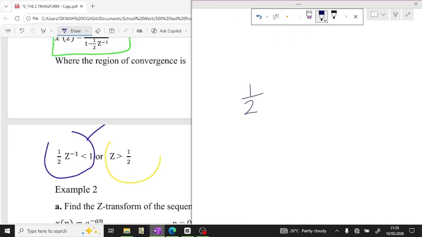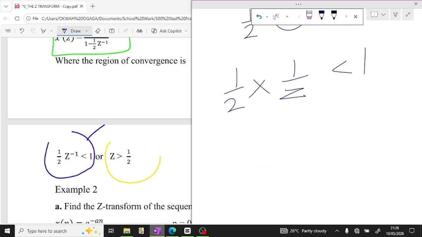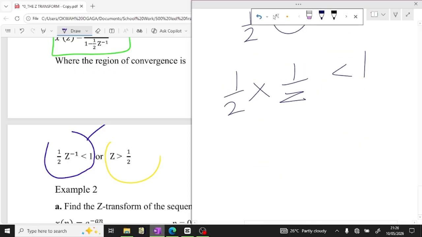1 over 2z minus 1 less than what? 1. So if you simplify this, remember z minus 1 is written as 1 over z. So 1 over 2 times 1 over z, less than 1. Of course, move this z to this other side.